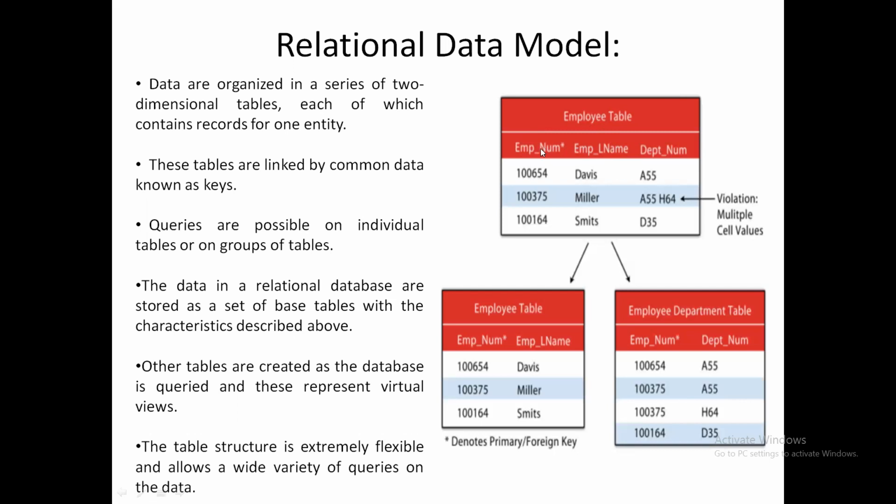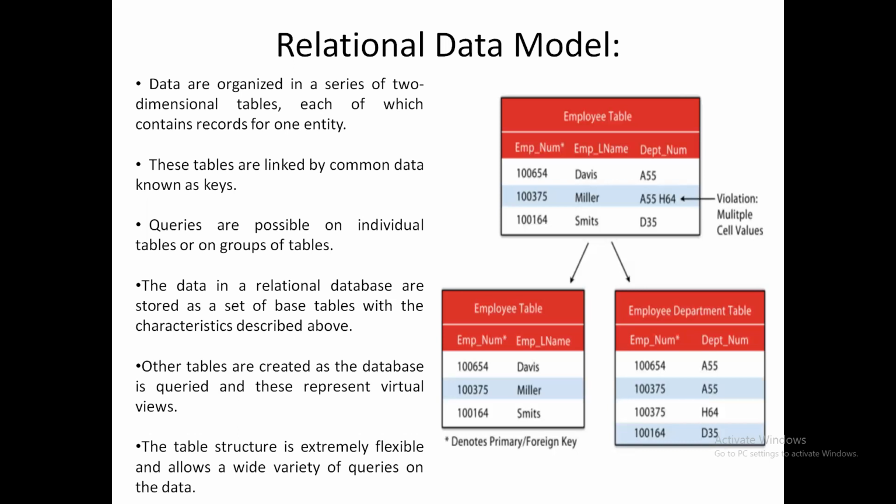For this particular table, employee number is the primary key. Each table has a primary key for identifying a row.